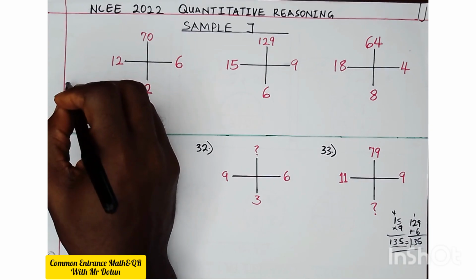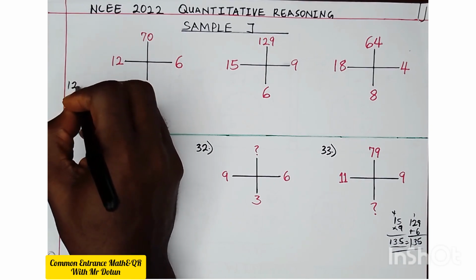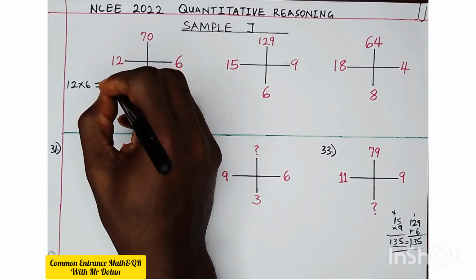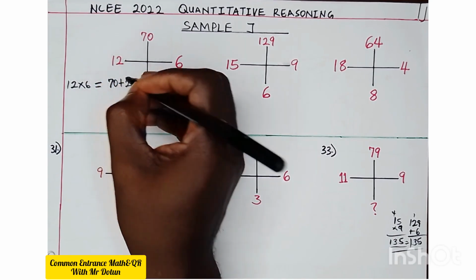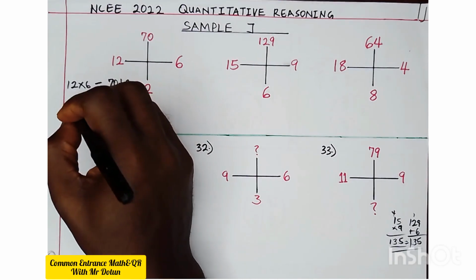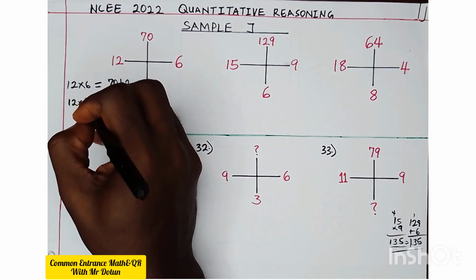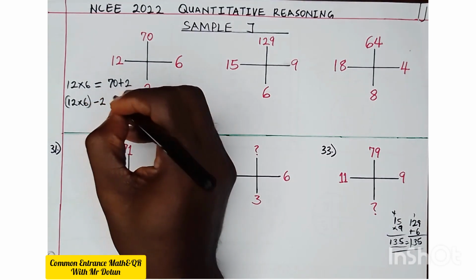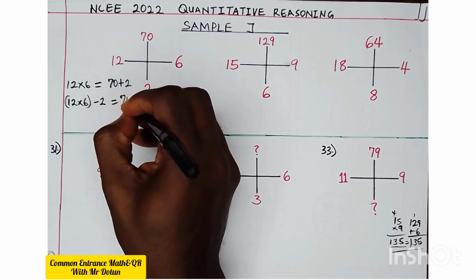So let's use our balance and write our answer. Here I know that 12 times 6 is equal to 70 plus 2. This is what I call balance. Then you could also do this in combination mode. If I'm to combine this, I will do 12 times 6 first, then take away 2, and I will have 70.